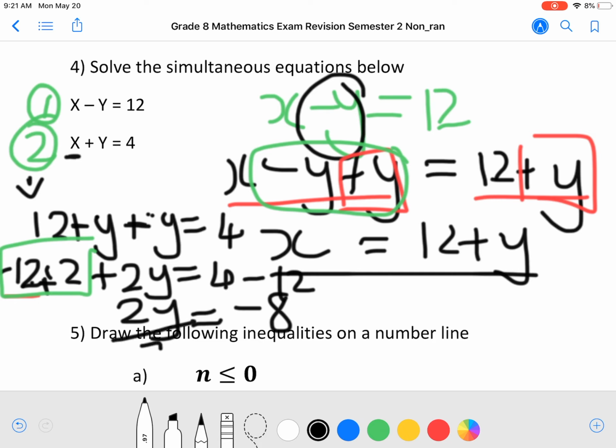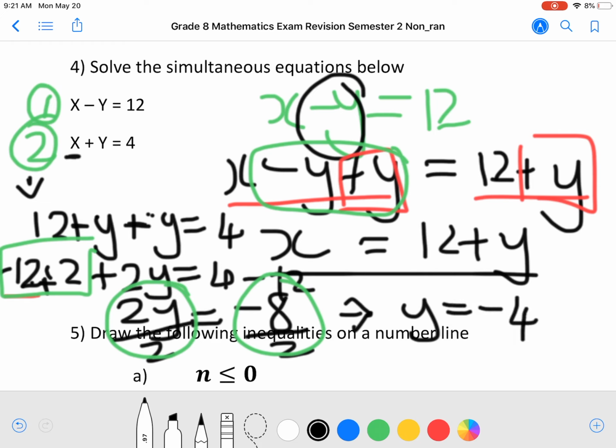To get y on its own, we divide by 2. And if we divide the left hand side by 2, we have to divide the right hand side by 2. So what we sit with in the end is y is equal to minus 4.